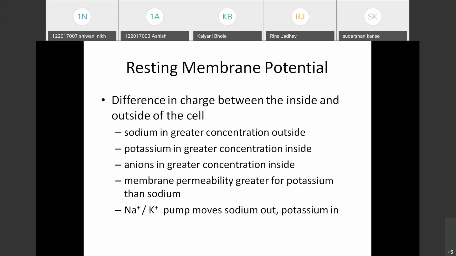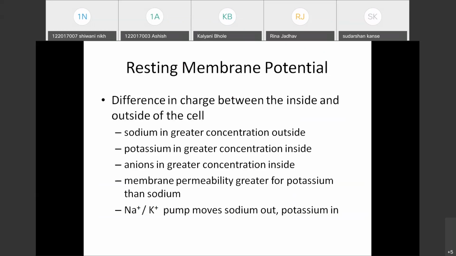It's what the membrane potential is when the signal is not traveling across the axon. It is the difference in charge between the inside and outside of the cell. What is the potential difference between the inside of the cell and the outside of the cell?